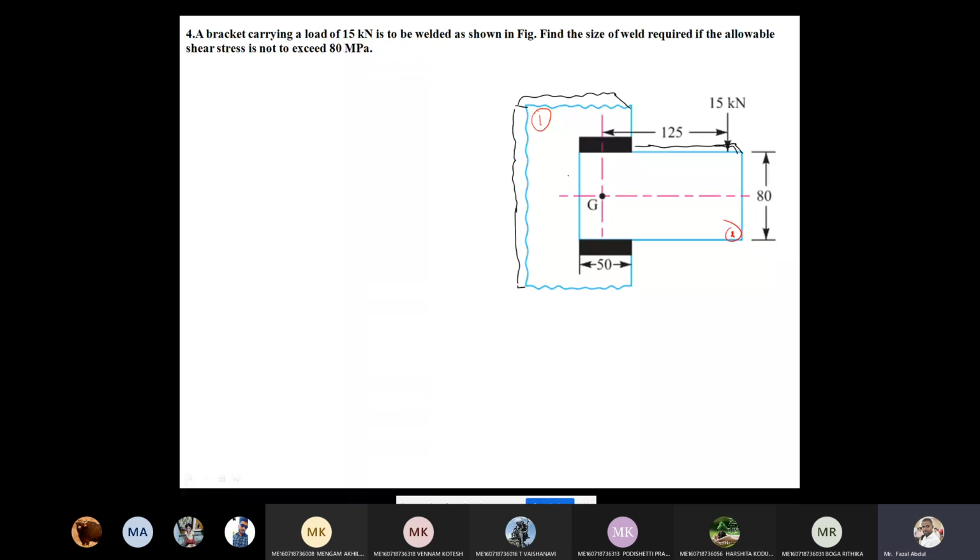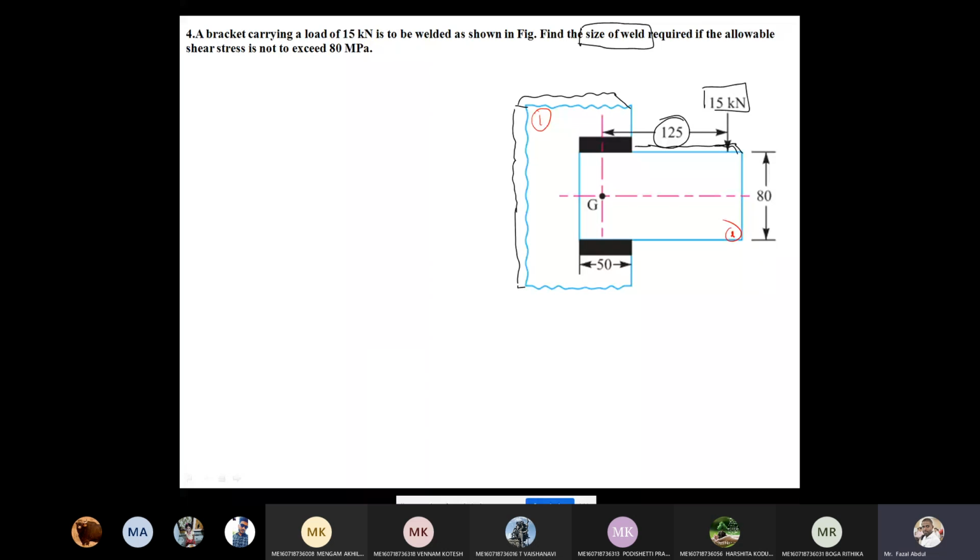Overlapping the two plates and joining them with the help of welded joints, now applying the load with some eccentricity value of 125 mm. Now we are asked to find the size of the weld.